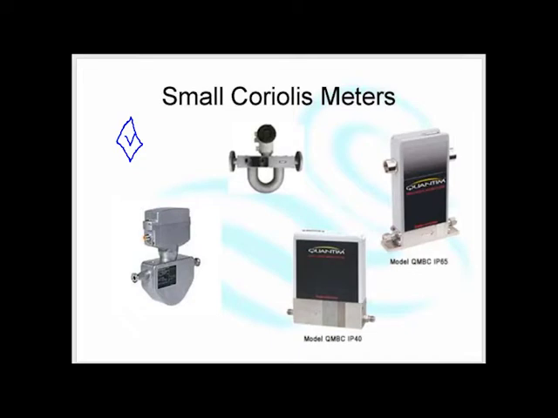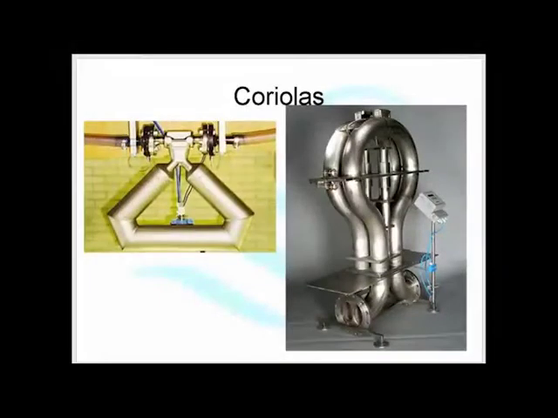And they will measure the powder in an air pipe absolutely accurately. So they're one of the users of small Coriolis flow meters. Another industry, see, these things are so expensive, only industries that are rolling in money can use them. Another industry which is rolling in money uses bigger Coriolis flow meters.